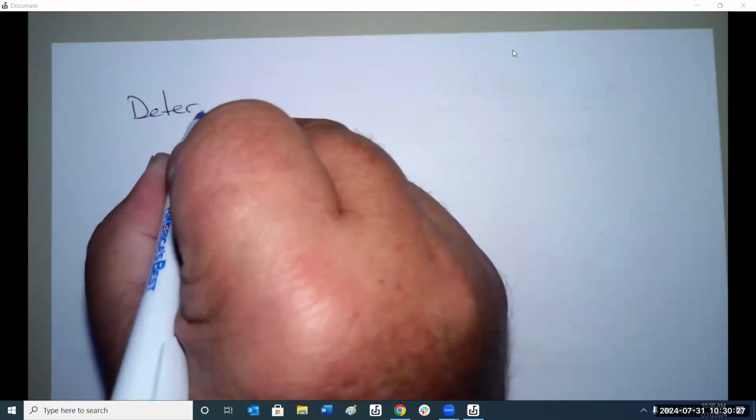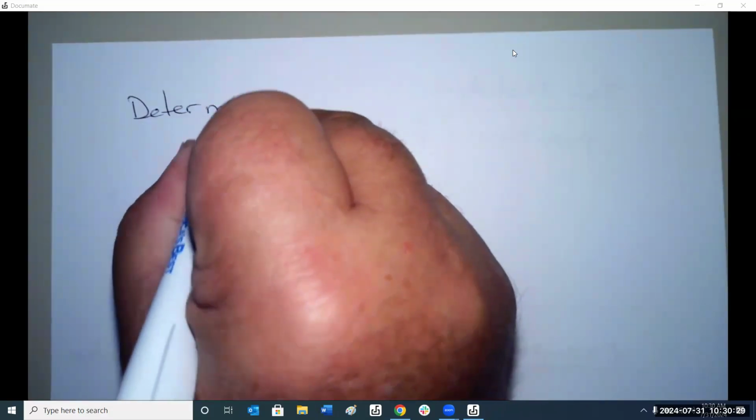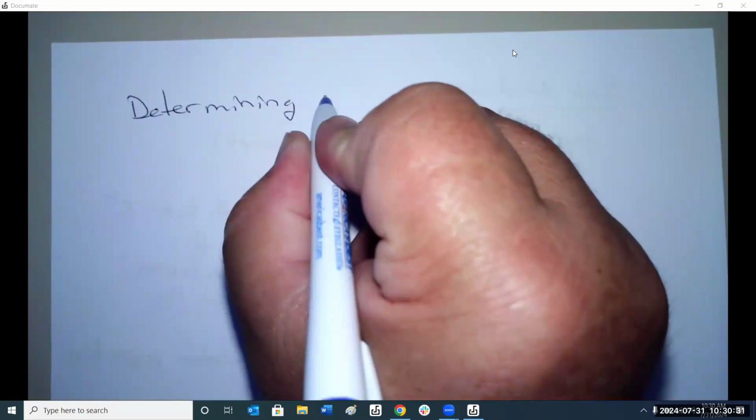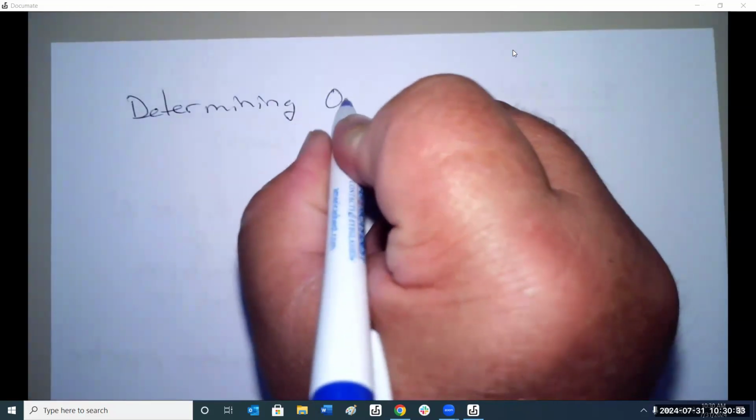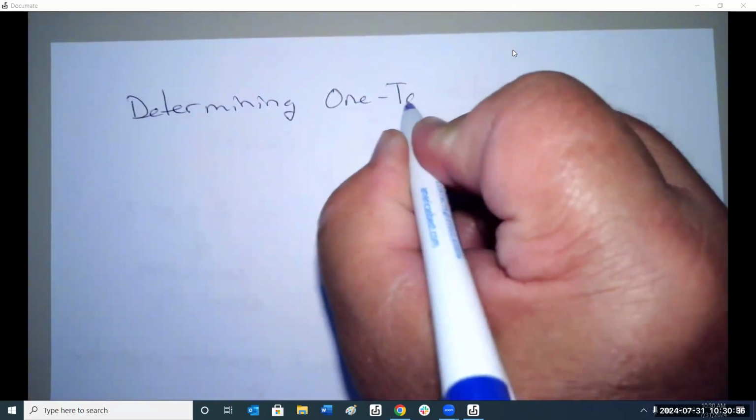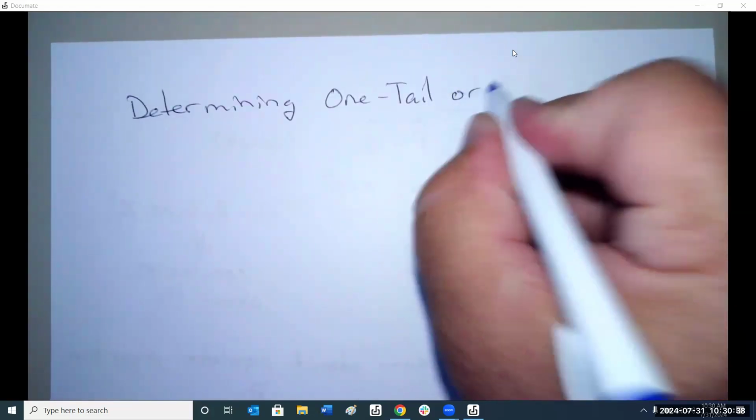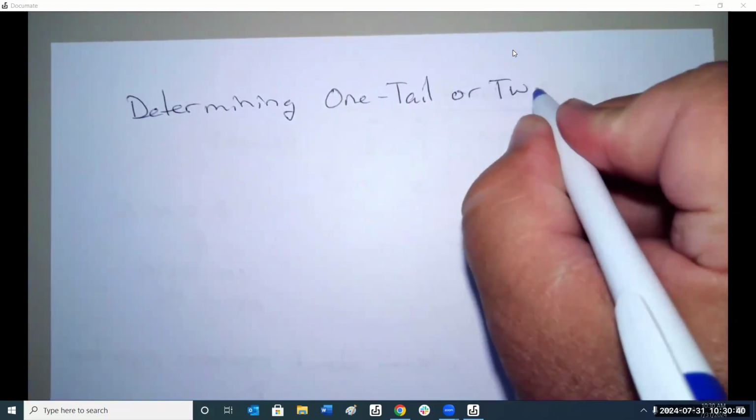So the next step is whether it's one tail or two tail.